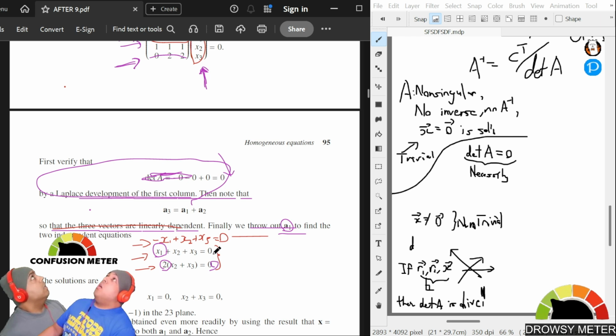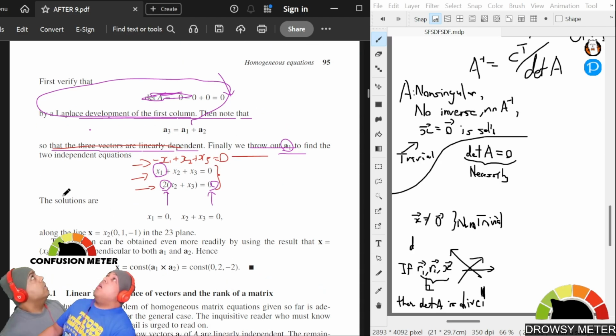Maybe? Are we allowed to divide them by 2? Does that get rid of information somehow? Let's just continue. The solutions are x1 equals 0, x2 plus x3 equals 0.